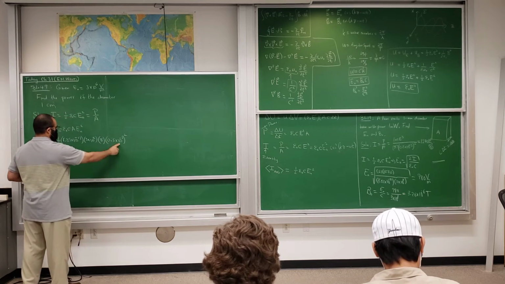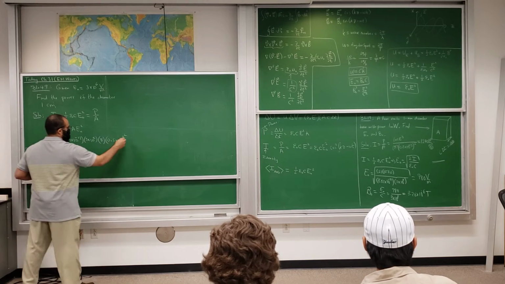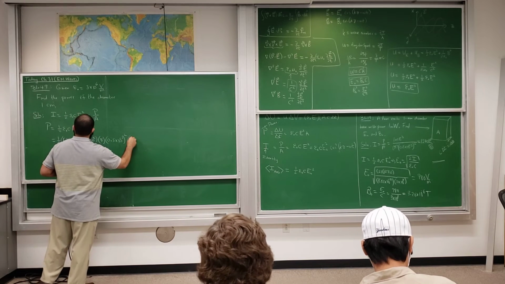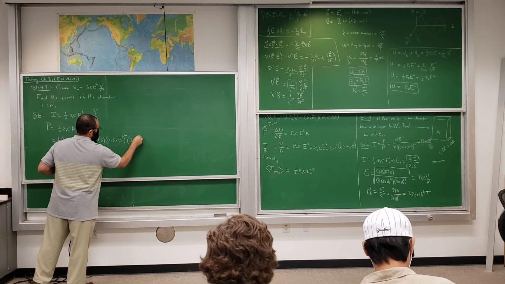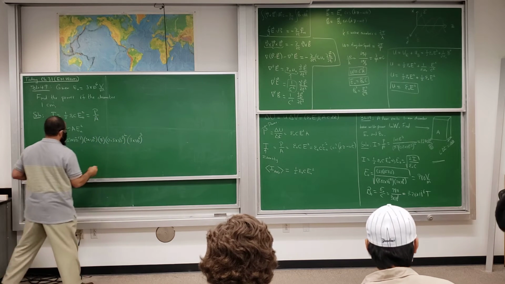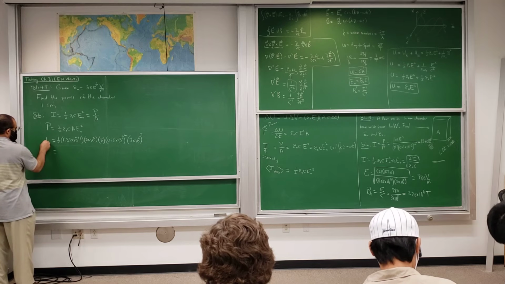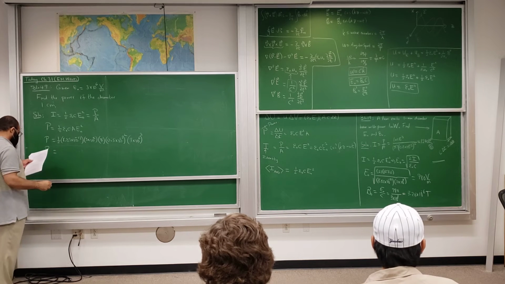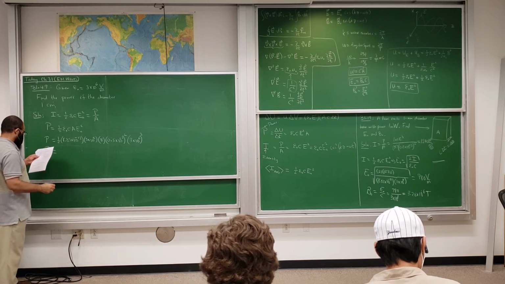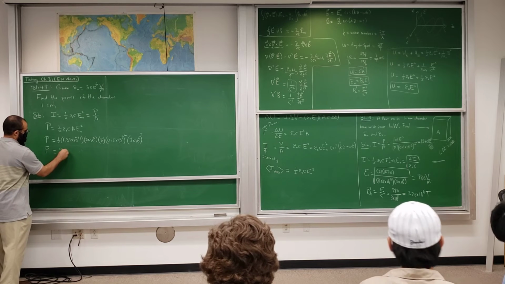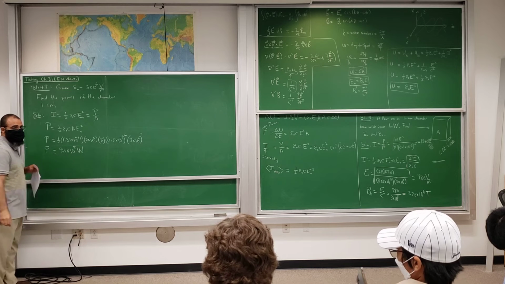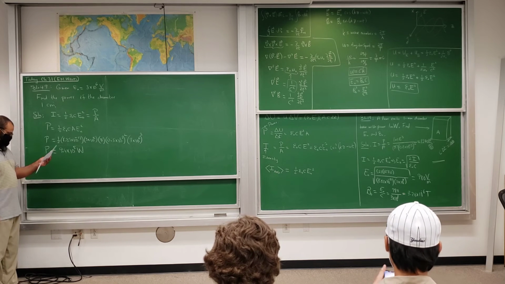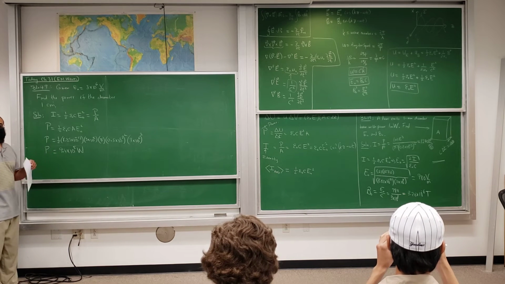And then E naught squared. The electric field is 3 times 10 to the 6th, squared. So that gives us a power of 9.4 times 10 to the 5 watts. That's the power.